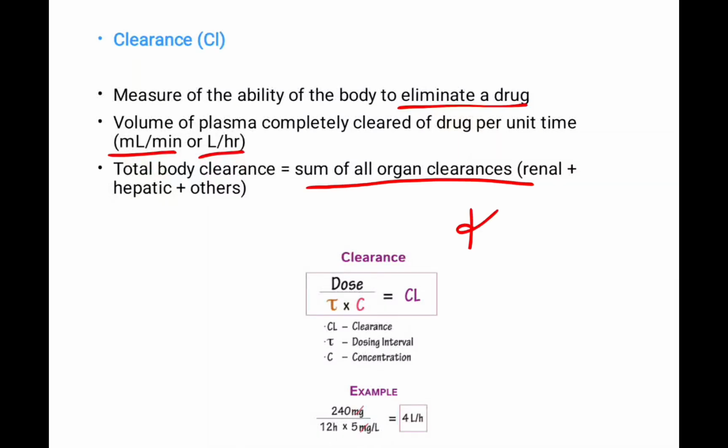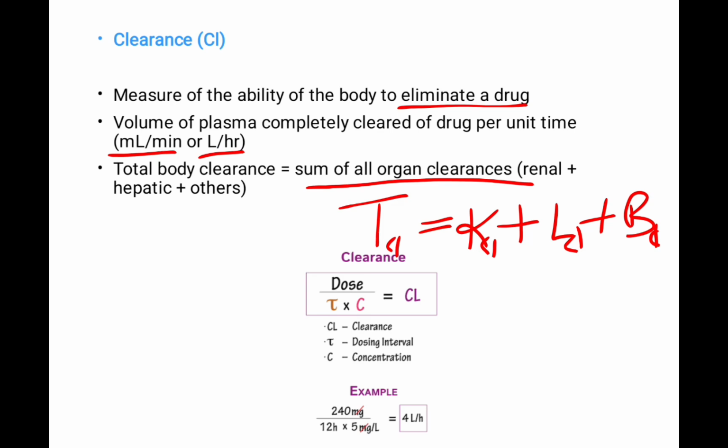If the kidney is clearing, if the liver is clearing, if the biliary system is clearing, any other system that's clearing. Total clearance is the sum total of the renal clearance, hepatic clearance, and all other clearance. So when you're calculating total clearance of the body, you're calculating the sum total of all the clearance of the organs clearing the drug.